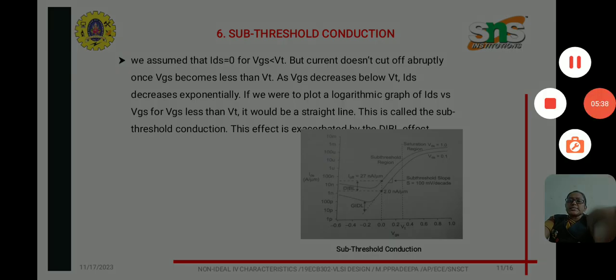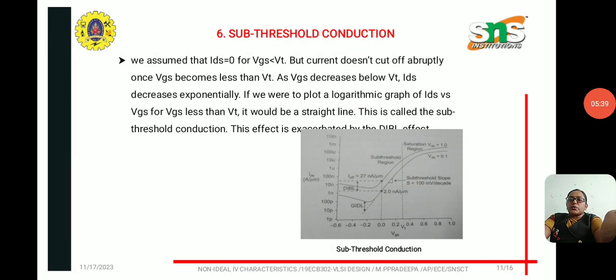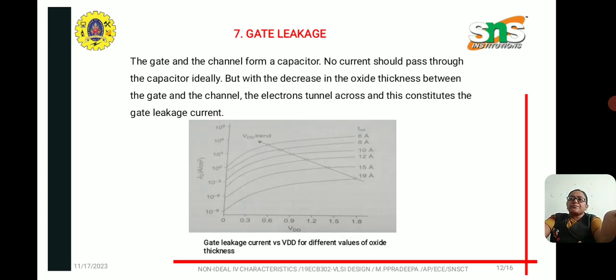So next is the subthreshold conduction. As we discussed, if there is a variation in the threshold voltage of each particular transistor in an IC, that conduction is called the subthreshold conduction. Next is the gate leakage.